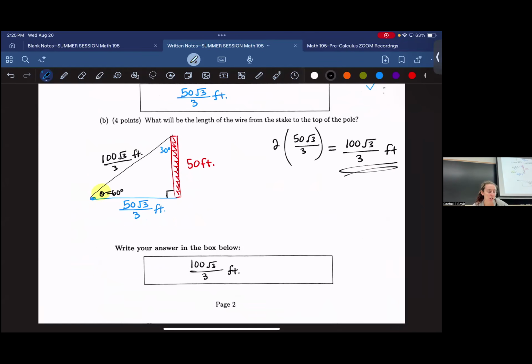Why did I multiply by 2? Because in any 30, 60, 90 triangle, I'm really not drawing this to scale. I should really make the 30 more apparent. We have the ratios x, 2x, and x square root of 3 in your 30, 60, 90.